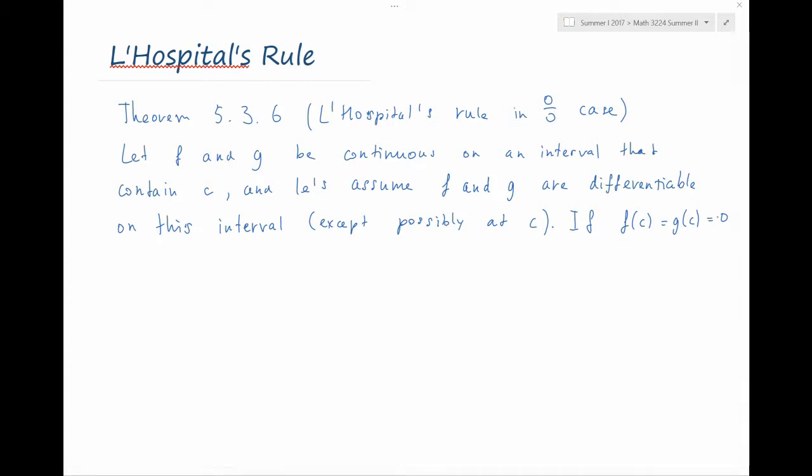In the case of continuous functions, this means that both f and g equal 0 at c.